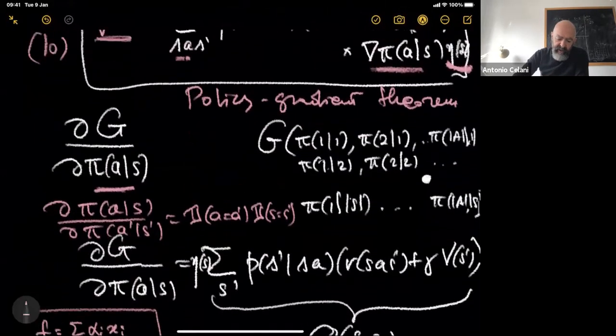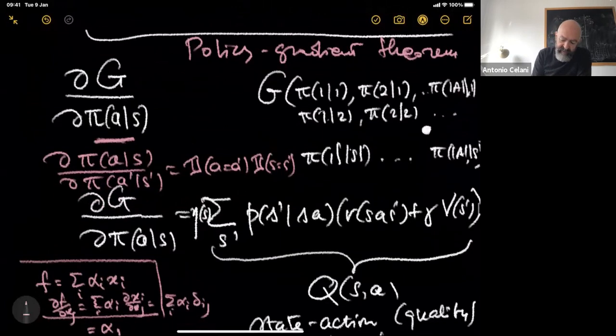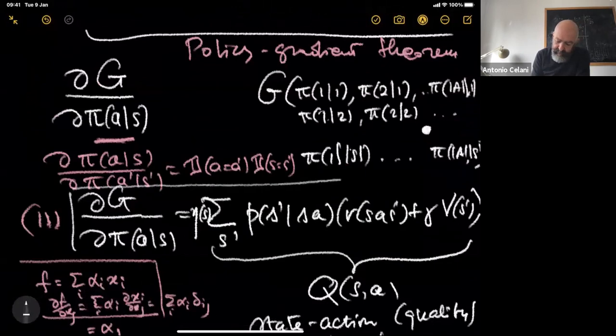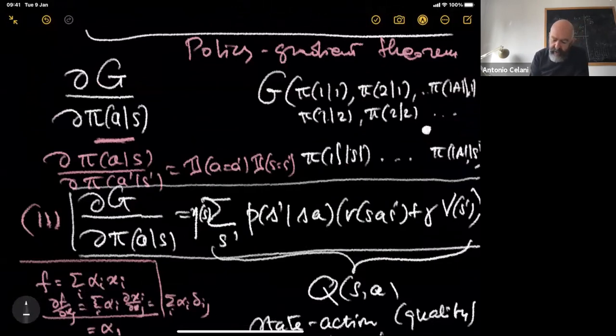These x_i are just these policy coordinates. So if I do that, I get to equation 11 here, which deserves to be framed. The question I'm asking here is, suppose that I'm in state S and I change my policy. So I change the probability with which I take action A. I change it a bit.